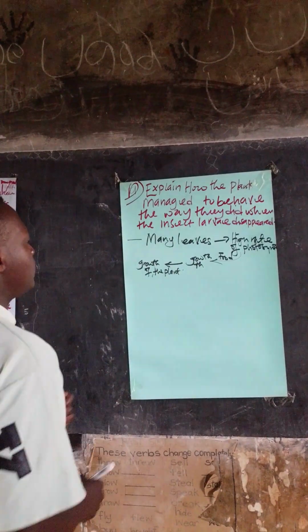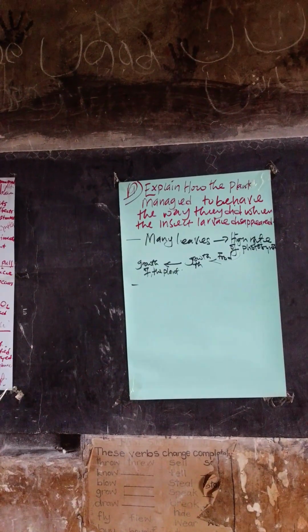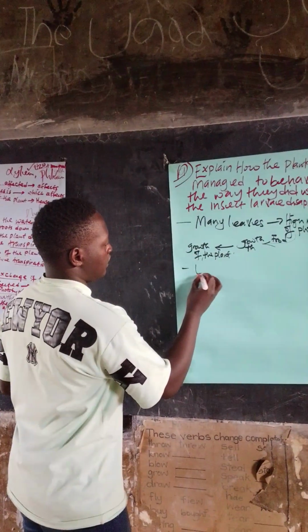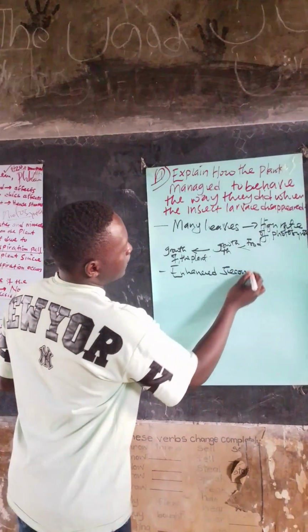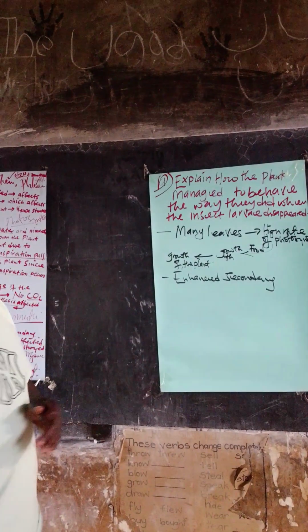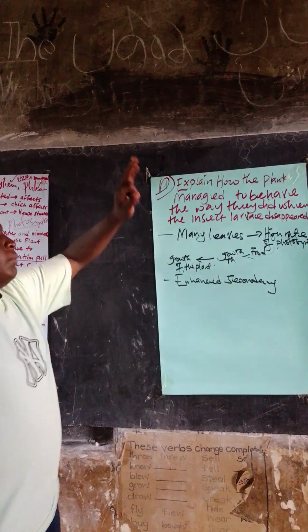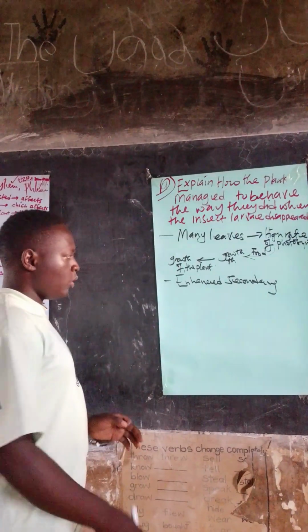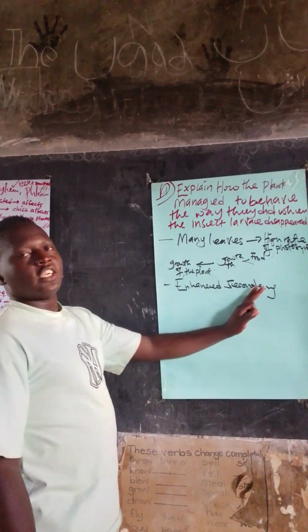This one led to growth of the plant. That one is point number 1. Number 2. Many branches means it enhanced secondary growth. It means this plant was a dicot, because we all know that in monocots there is no secondary growth, there are no branches, so it is only the dicots which undergo secondary growth.